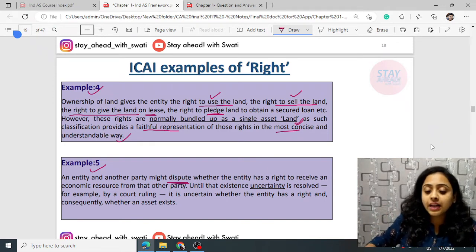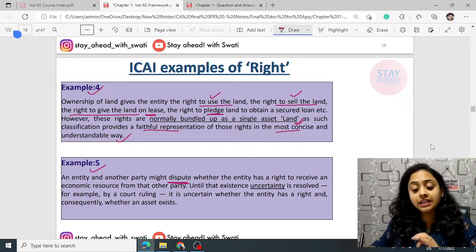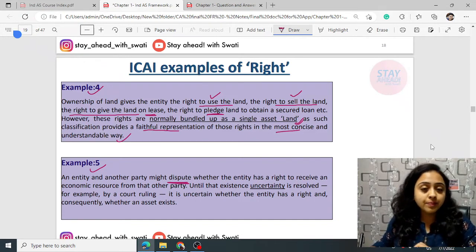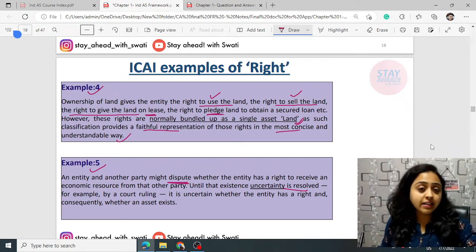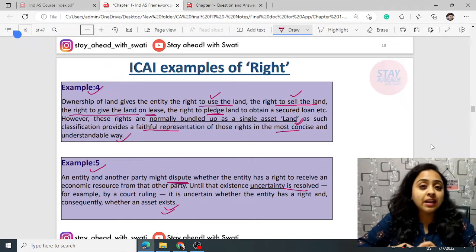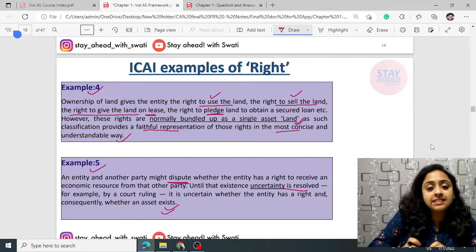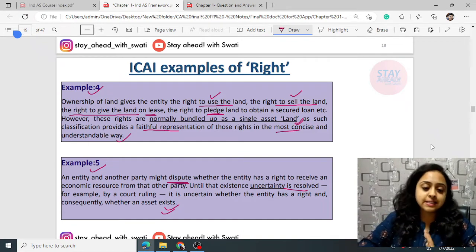Until where the entity has a right to receive an economic resource from other party, until that existence of uncertainty is resolved, for example, by court ruling or any other mutual settlement, it is uncertain whether the entity has a right or not, and therefore consequently whether an asset exists. It is very much in dilemma whether the asset exists or not, and therefore we will conclude that the asset does not exist.